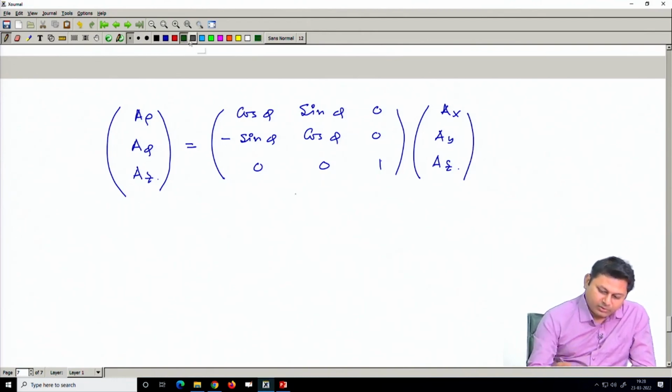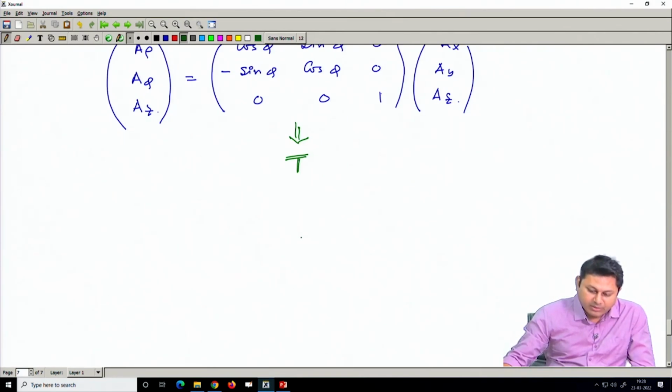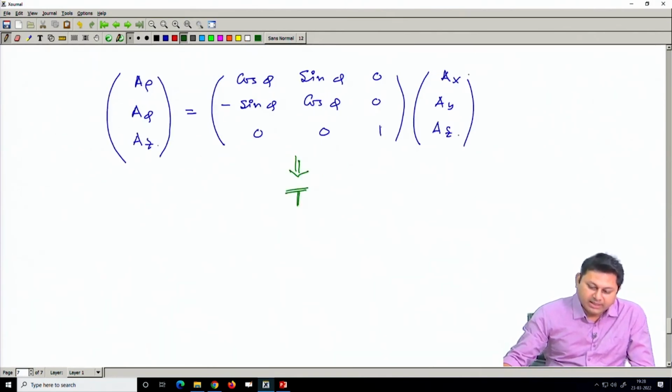You can see that you are getting the same matrix that we figured out last time. So, this is a transformation matrix. If A x, A y, A z components are given, then you can find the A rho, A phi, A z components by using this expression.